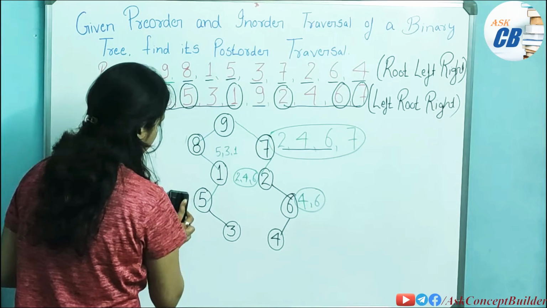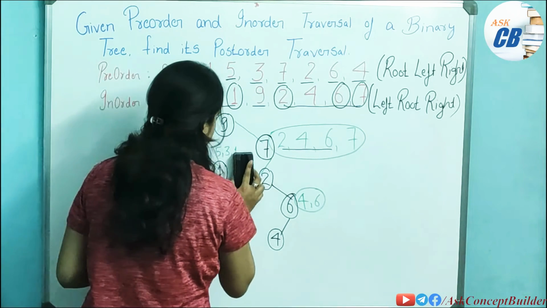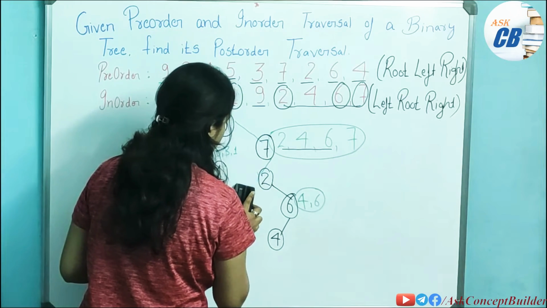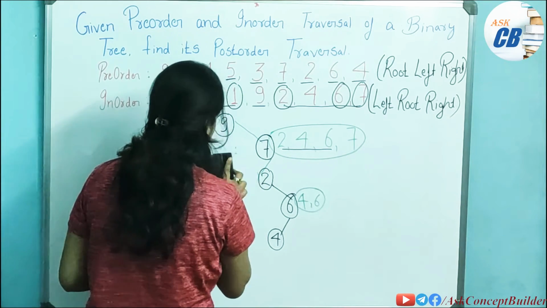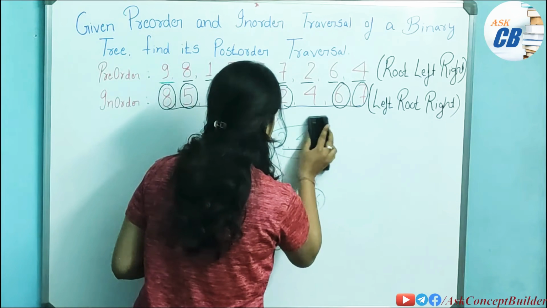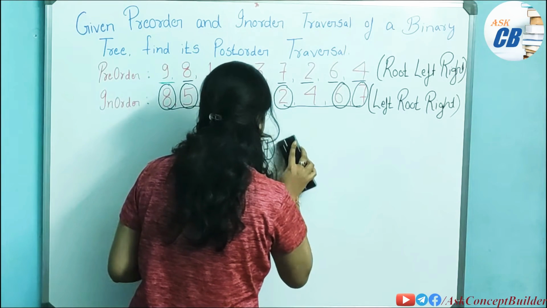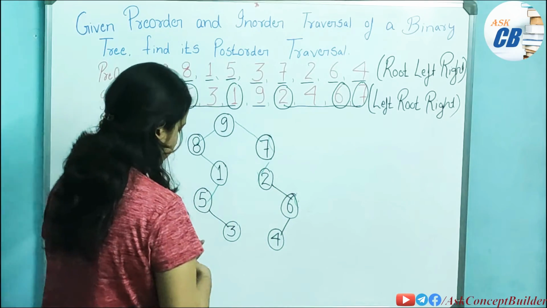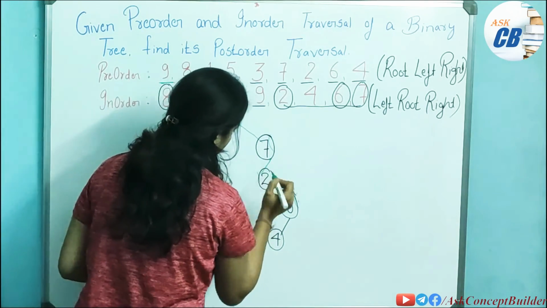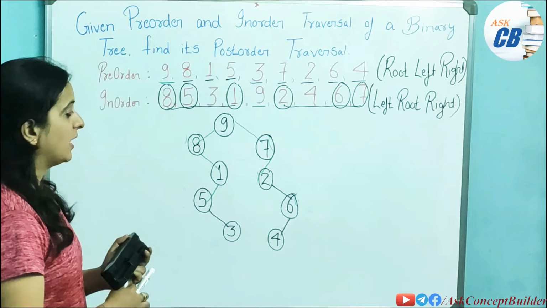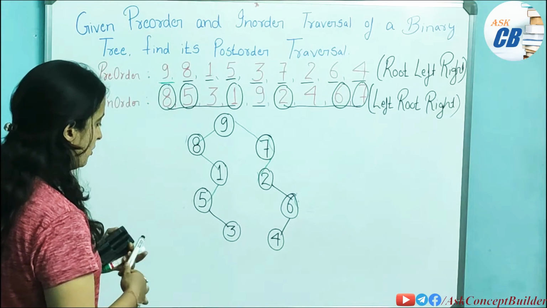Now when you have your tree, we can write the post order traversal of this tree. First we'll delete the remaining elements. Now this will be your final tree. What we have to write is the post order traversal.